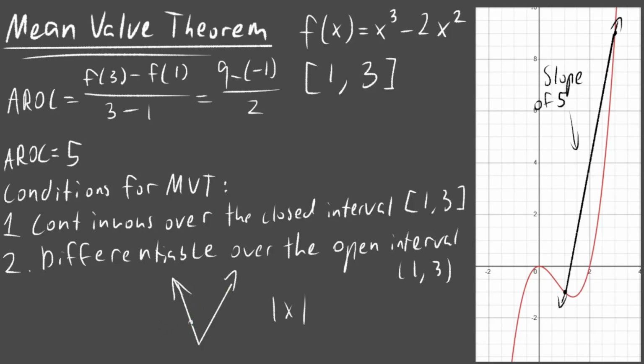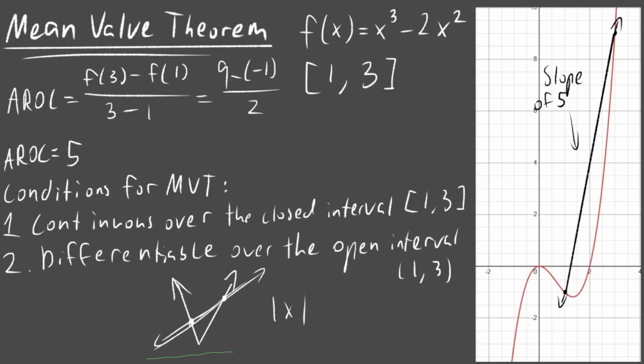My average rate of change is right here. Then you go looking for an instantaneous rate of change with a slope that's equal to it. Well, I can't find one, because right here we might be continuous, but we're not differentiable on our interval because we have a sharp turn there. So that's why these conditions are important to consider.